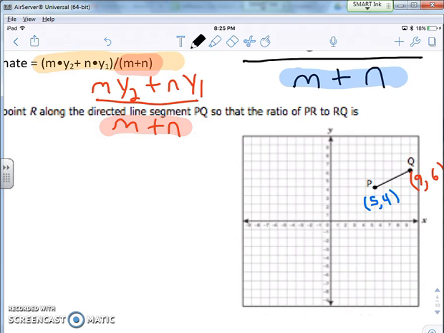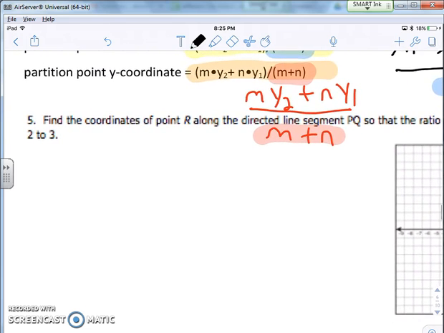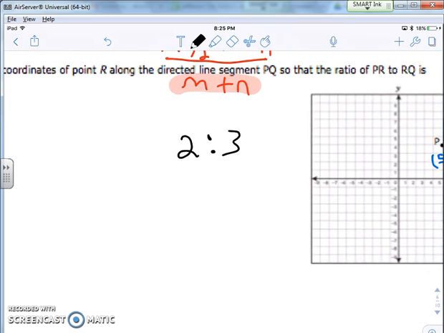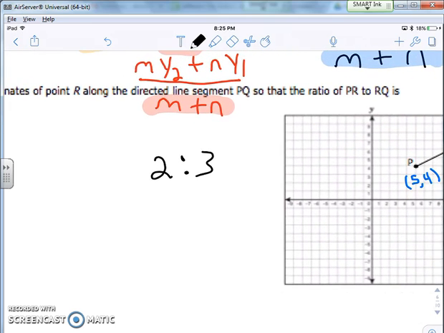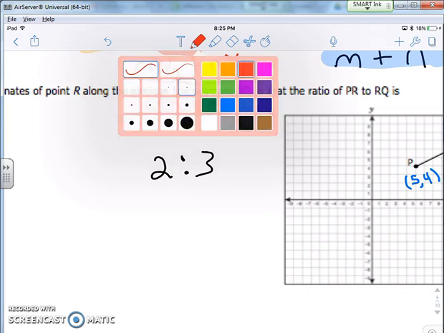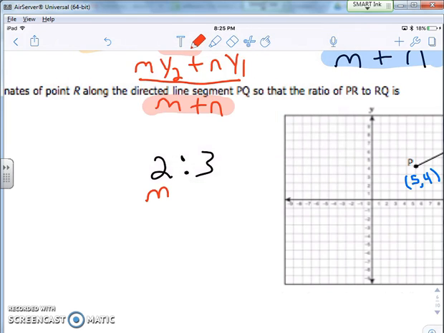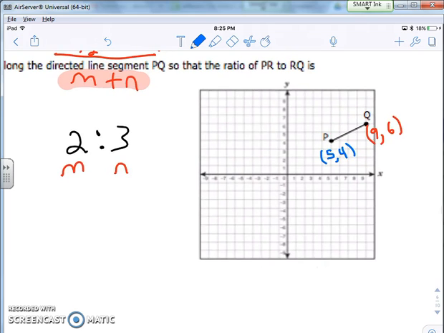To partition it in a 2 to 3, it says a 2 to 3 ratio. The 2 is our m. The 3 is the n. So when I take my x-coordinates, I'm going to do m times the second x-coordinate, which is 9.